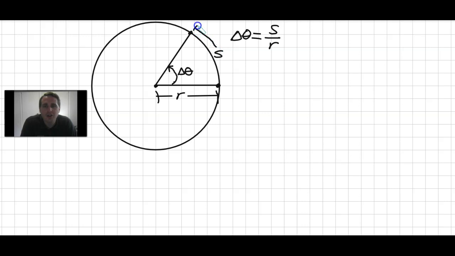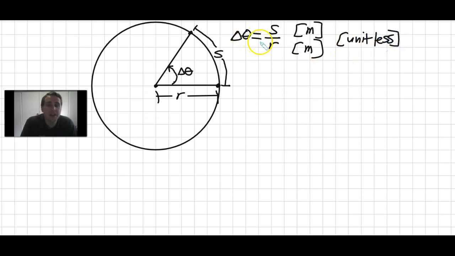So s is the curved, we might call it arc length, or curved distance along the outer edge. So what we can say is that delta theta will be s divided by r. Now what units will that have? So that'll be units of meters divided by meters. So in some sense delta theta ends up being unitless.